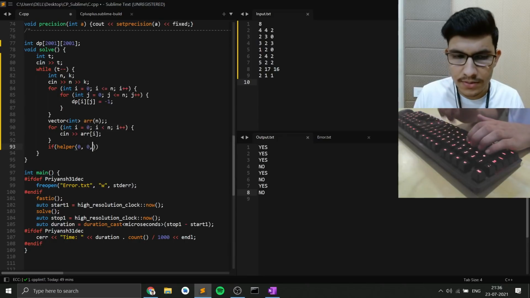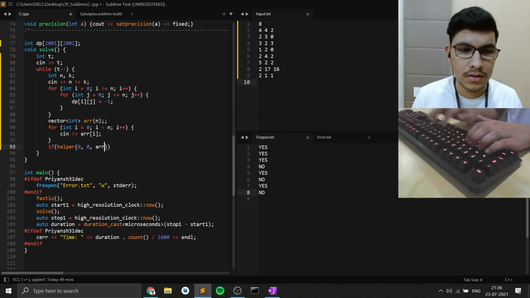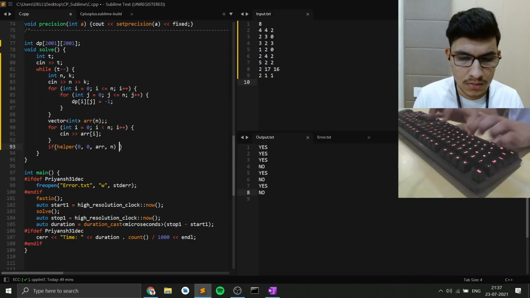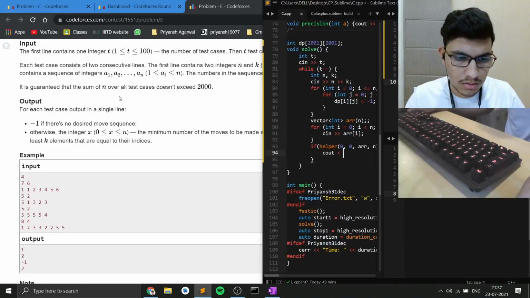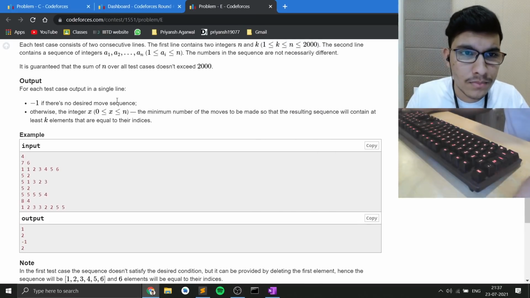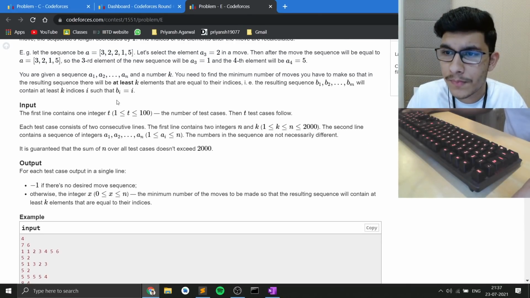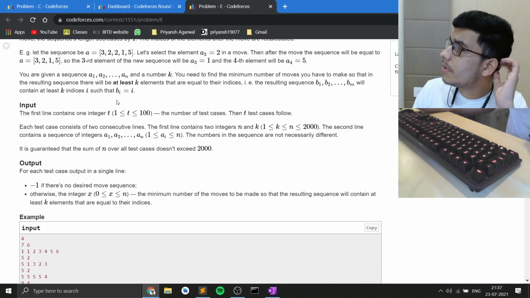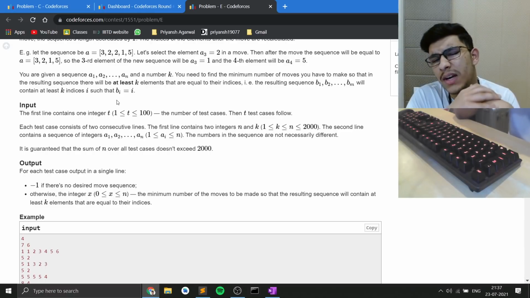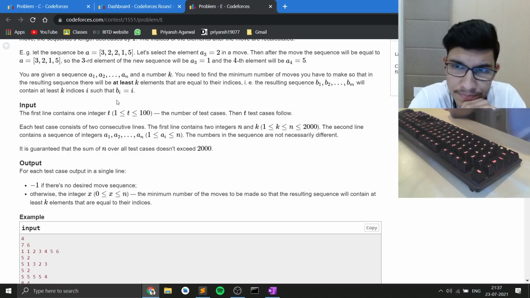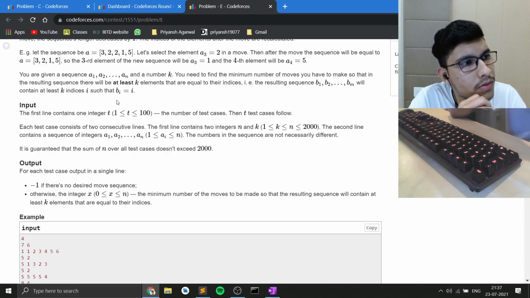So I'm on the 0th index, I have removed 0 characters, ARR is greater than or equal to k. Okay, minimum number of moves. So that would become an order of n cube DP then. I also need to find out the minimum number of moves.